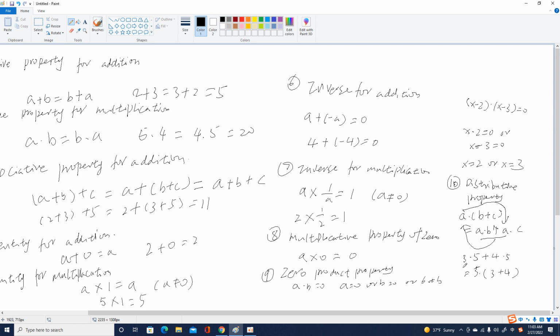From the left side to the right side, you can use it like this: 5 multiply 3 plus 4 actually equals 5 multiply 3 plus 5 multiply 4. This usage uses this property from the left side to the right side. Okay, remember this property we can use in both directions.